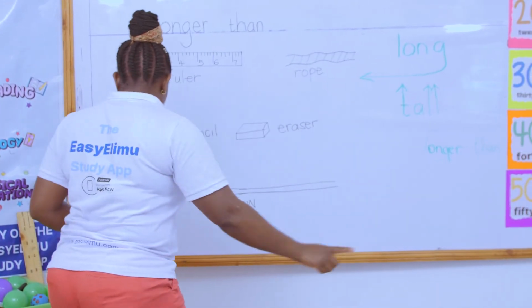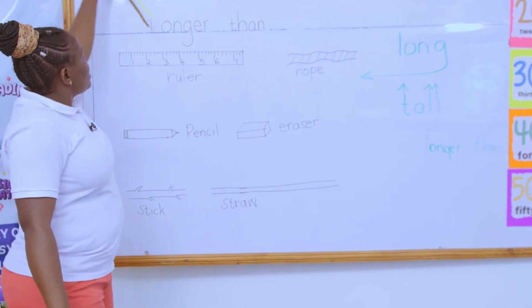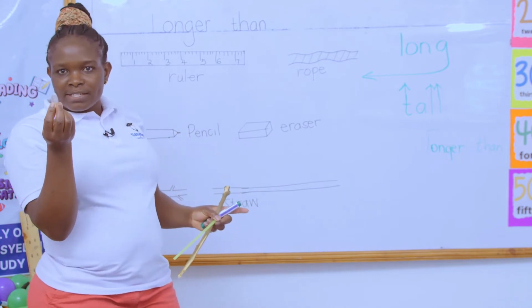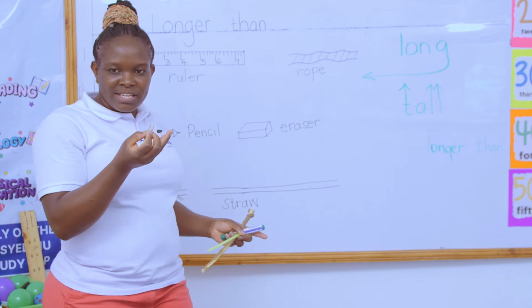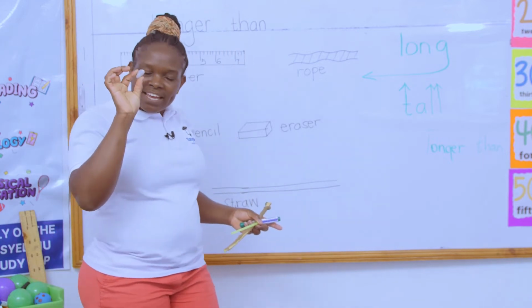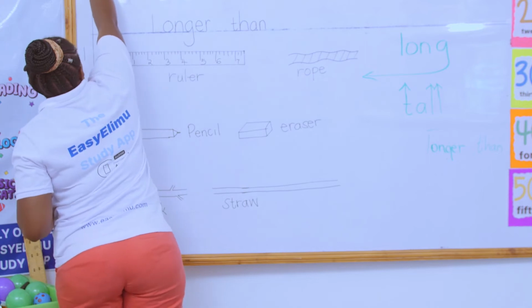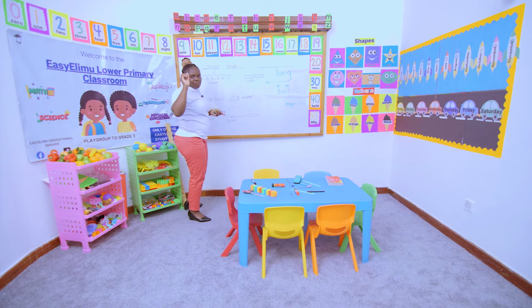I want to measure the length of this blackboard from here to the far end. Then I go and choose an eraser. We are looking at time, we are looking at accuracy. If I choose an eraser, how long will I take to measure this size from here? And will I be so accurate when I'm measuring? No, it will take forever.